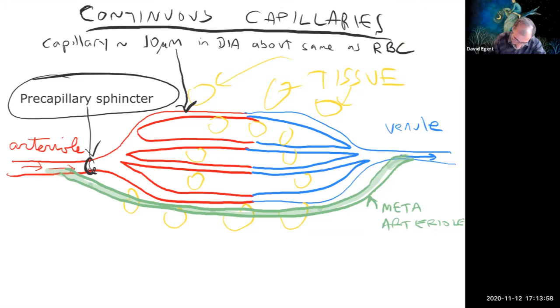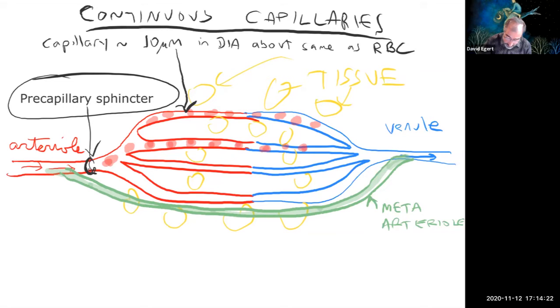So the red blood cells are coming in here. They're moving through single file.